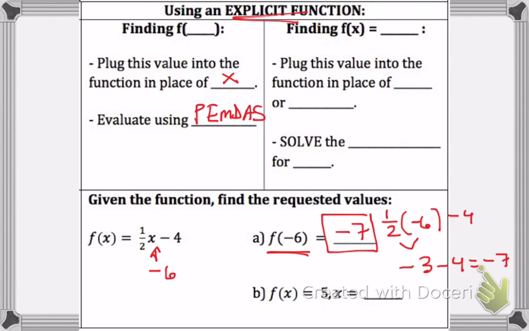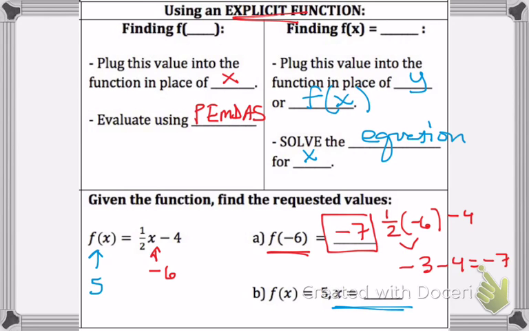Okay, last little bit here is finding f of x equals some number. That's where we're going to plug this in place of the y, or f of x, and solve the equation for x. Notice it says x equals, that's what we don't know. So I'm going to take the 5 and plug it in here.